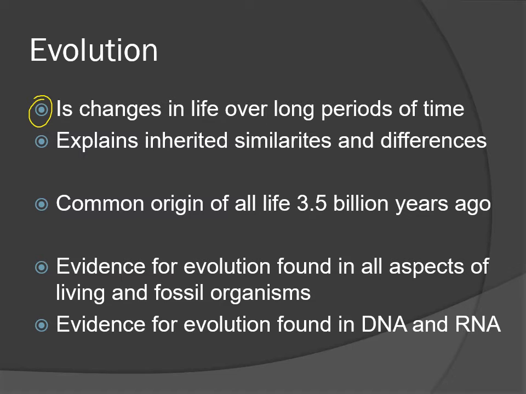Okay, so changes over long periods of time: tens of years for really short-lived organisms, thousands, hundreds of thousands, millions of years for other organisms. It explains inherited similarities and differences. The evidence points to a common origin of life around 3.5 billion years ago, which most likely would have formed in a water environment.